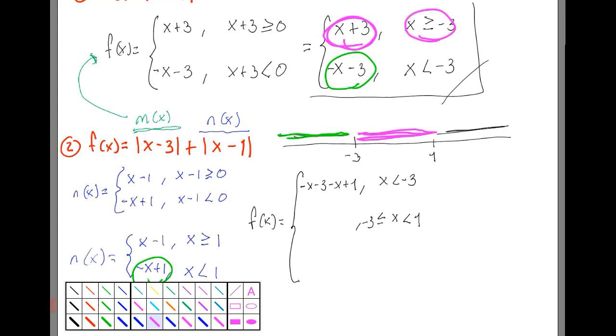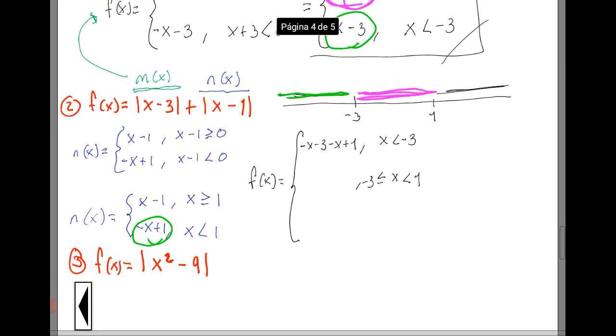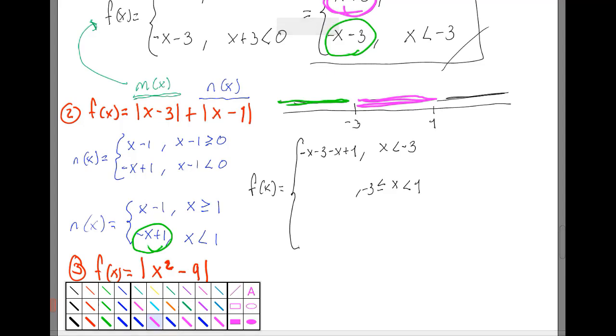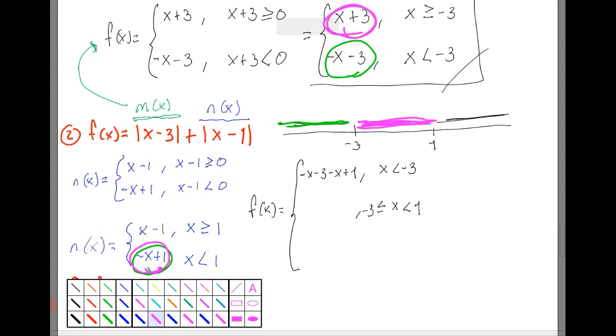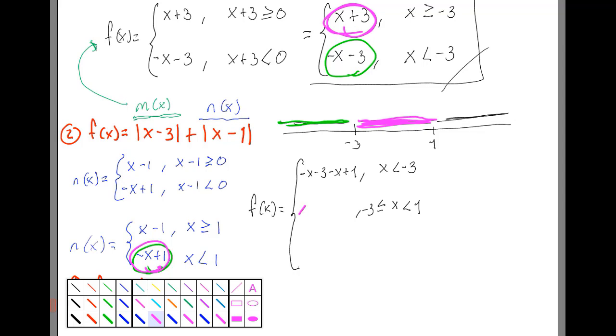You see, this is the rule that I am following. And in the second part, we are still using this part. Why? Because we are using numbers that are less than 1. We are using this interval that is between -3 and 1. So I am going to write those functions. The first one will be x plus 3.